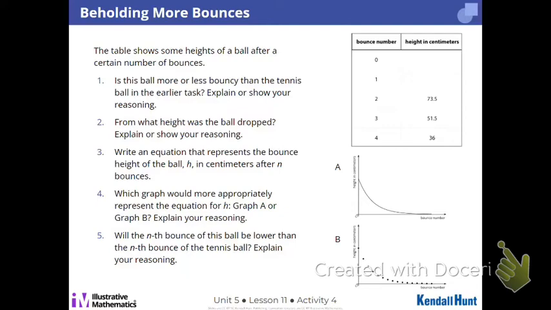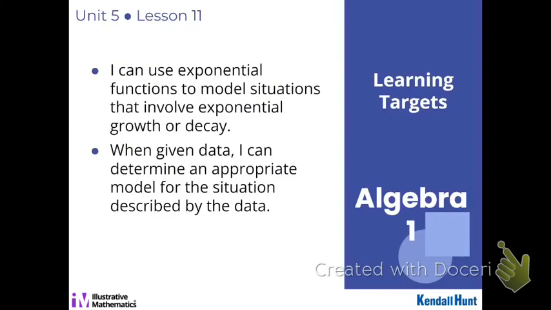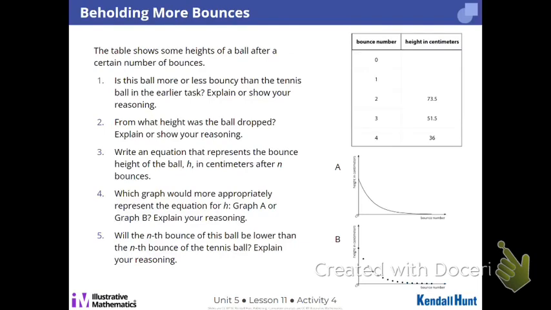I'd like to figure out where it started. So who can tell me their process they used to backwards generate values here? What did you do to backwards generate? Ava? I found the rate of change between 2 and 3 and 3 and 4. Okay. So 2 and 3, and what was that? So to go from there to there, you kind of had to multiply by what?